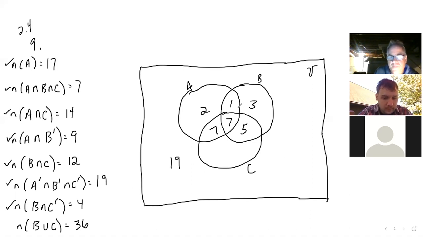Now, if you were just to shade B union C, you would shade all of B and all of C. So either we're in C or we're just in B, or we could be in both. So that is 1, 2, 3, 4, 5, 6 regions, which have to add up to be 36.